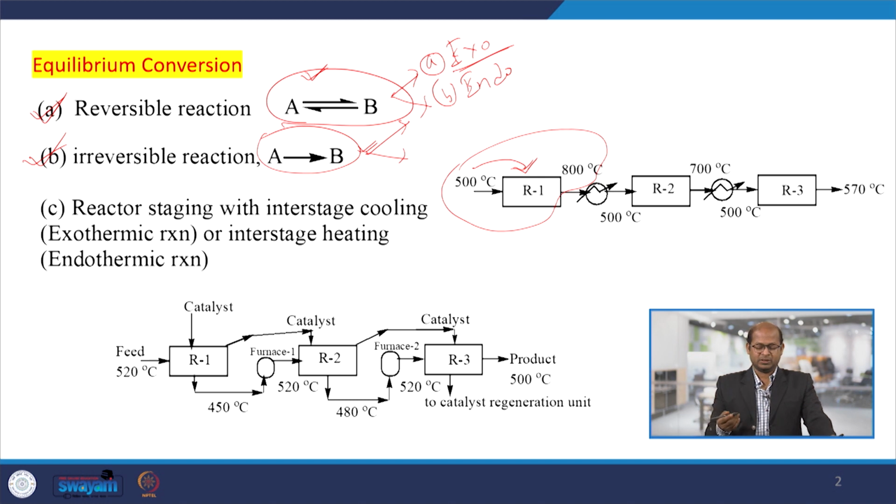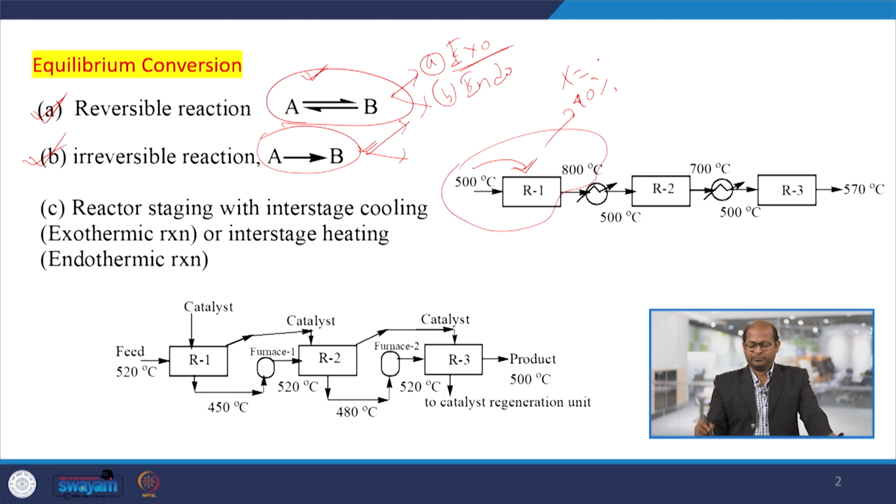Somehow, by changing system parameters, by using more reactors connected in series, or heat transfer chillers, heaters or a furnace, we can reach higher conversions for the same reaction at the same reaction temperature. With one reactor, let us say we achieve 40% conversion.